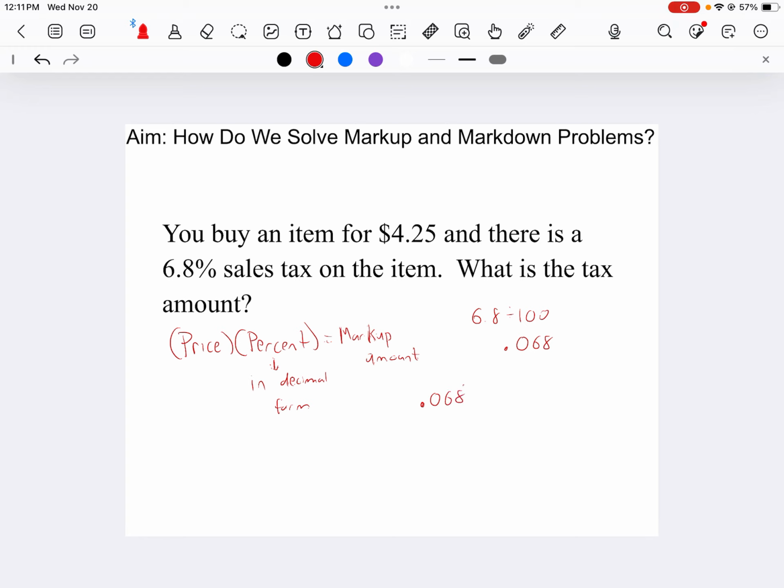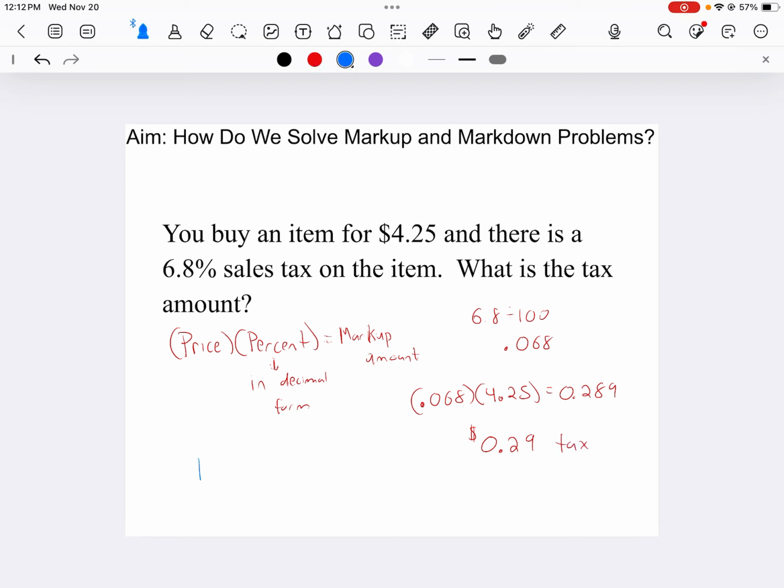So we do 0.068 times the price of 4.25. 0.068 times 4.25 is 0.289. So that would be the tax amount. And since we want it to be money, we would change our answer to be 0.29. So it's 29 cents as the tax.